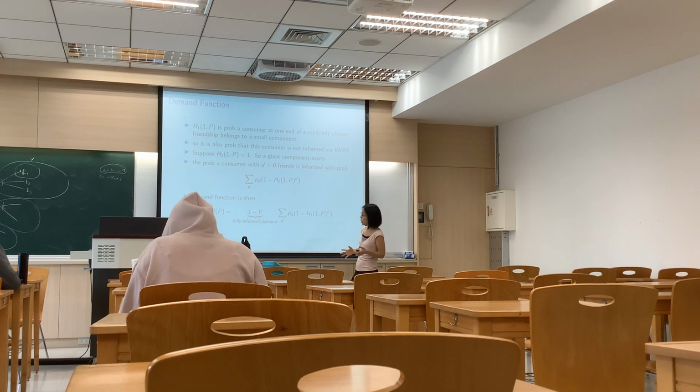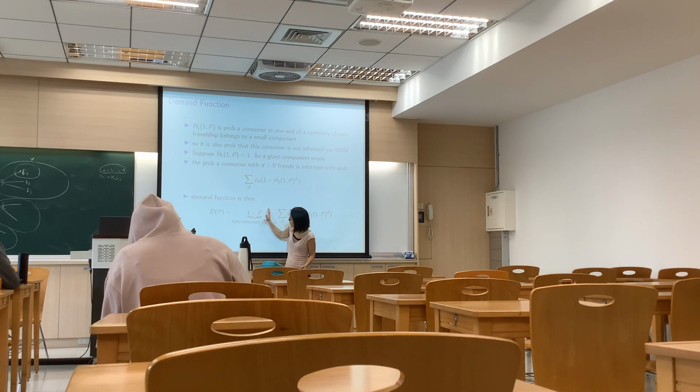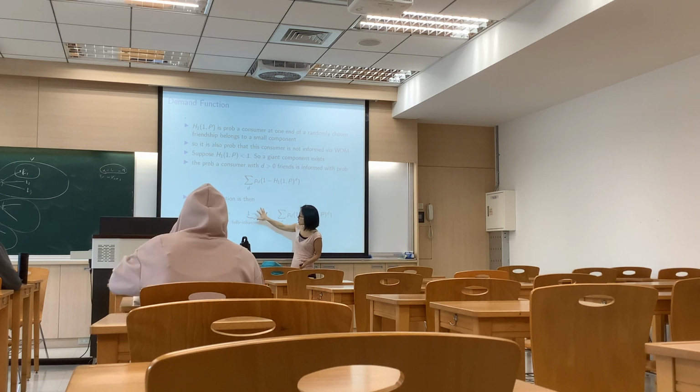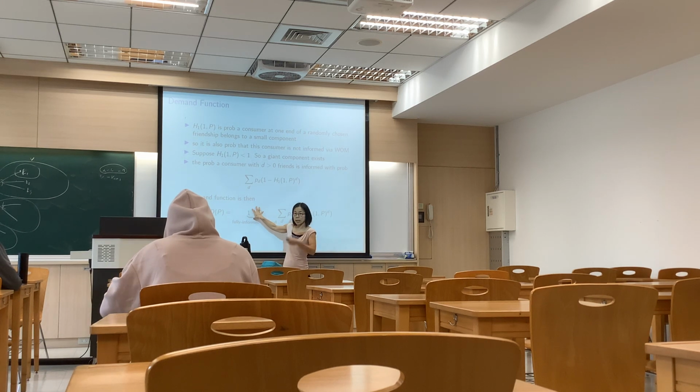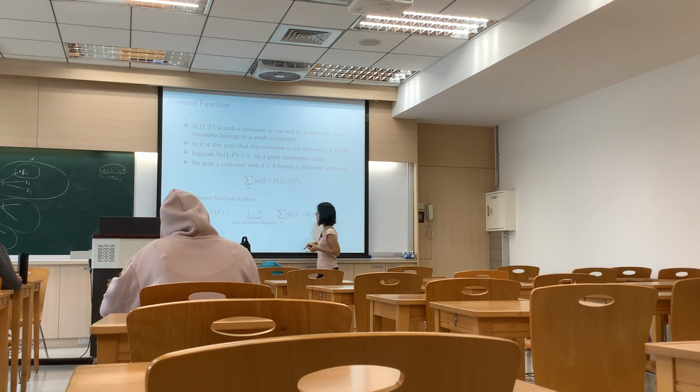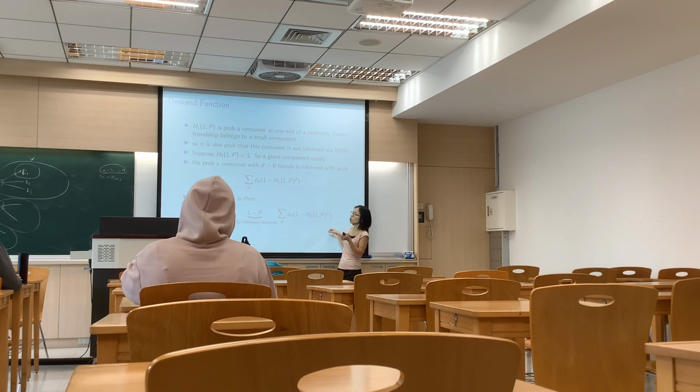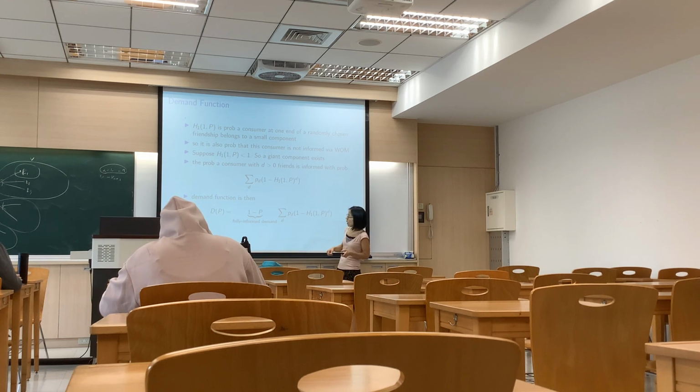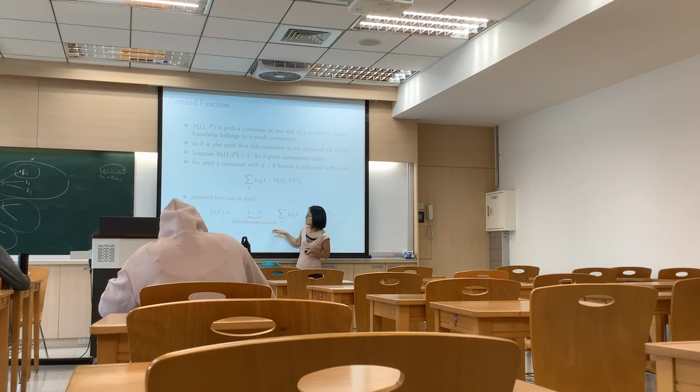So the demand function is just 1 minus P, times a parenthesis. 1 minus P, that's the probability an informed consumer has valuation above price, times the probability a randomly chosen consumer is informed. And notice that 1 minus P is the fully informed demand.